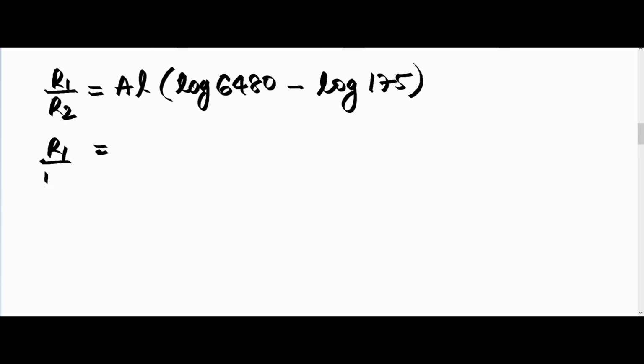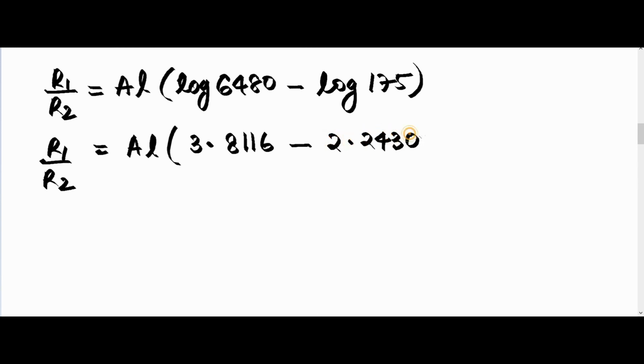So R1 upon R2 will be equal to anti-log of log of 6480, which will become something like 3.8116, minus log of 175, which will become 2.2430.